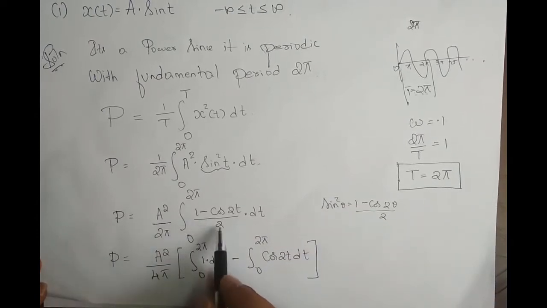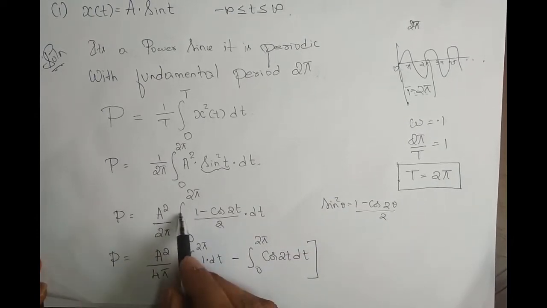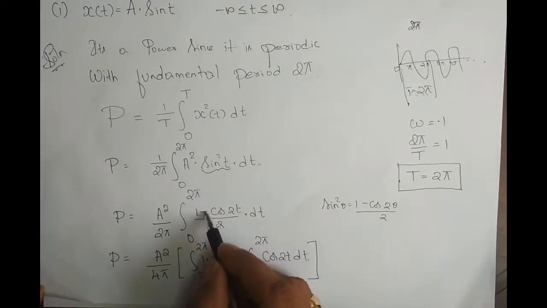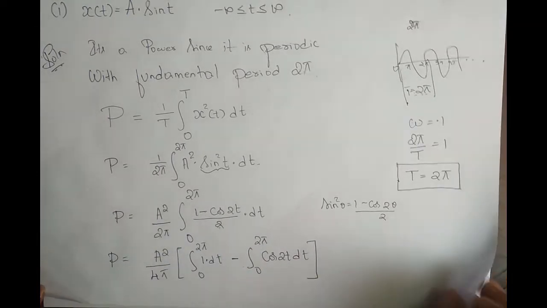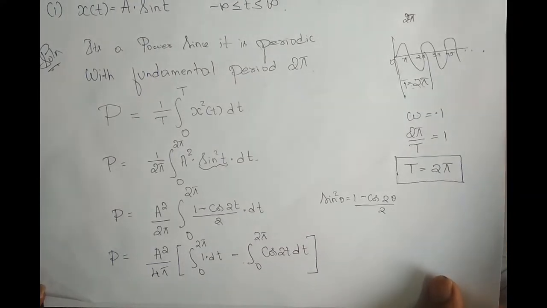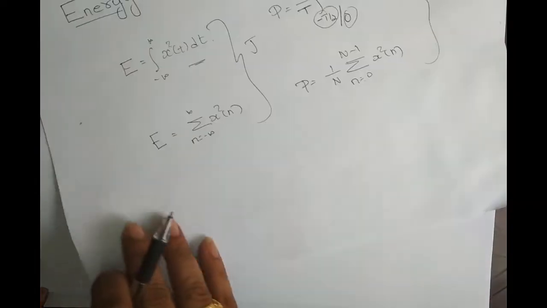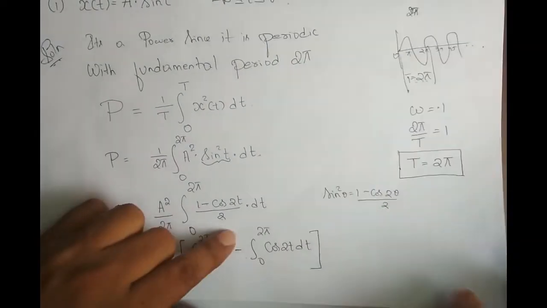I have split that, taken out 1 times integration dt and cos 2t times integration dt, and I have written the minus sign here. Now I'll put it in the next new sheet.